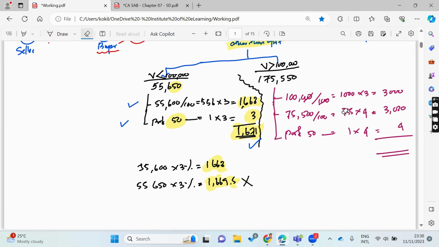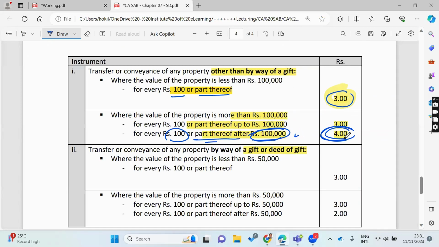If I repeat this: 75,500 divided by 100 gives 755 parts. Up to 100,000 the rate is 3, and if the property value is more than 100,000, you need to multiply by 4.